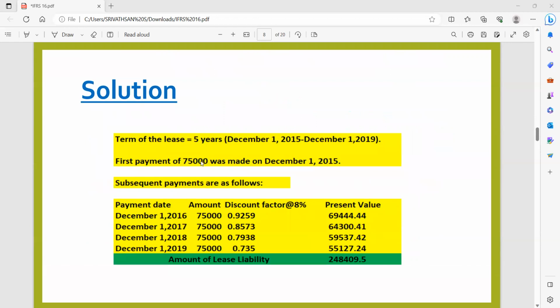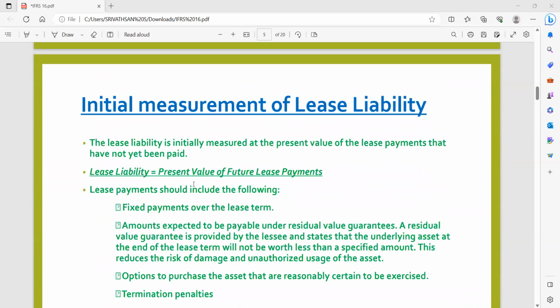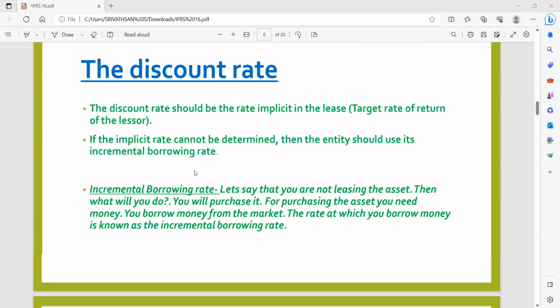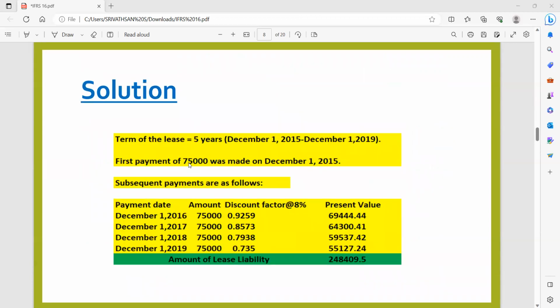So this 75,000 will not be used in calculating the lease liability, because the lease liability definition says that it is the present value of future lease payments, but this 75,000 is not a future payment. It has already been paid. So ignore the 75,000 for the calculation of lease liability, and the subsequent payments are as follows.